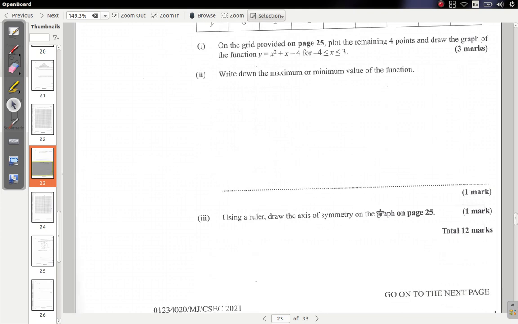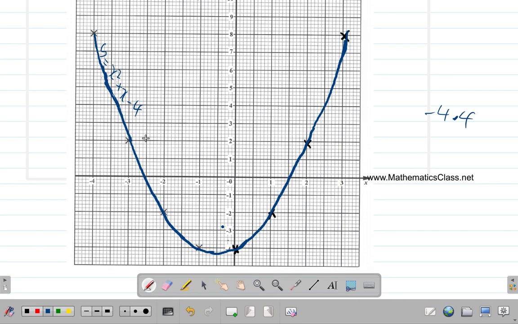Then they say, using a ruler, draw the axis of symmetry on the graph on page 25. Right, the axis of symmetry. Symmetry means balance.